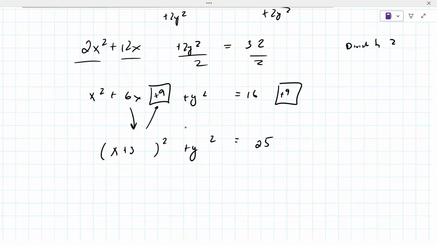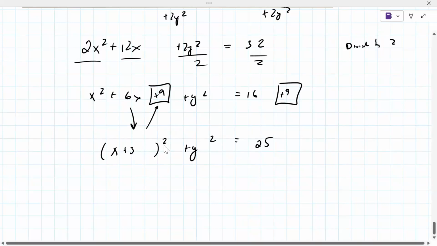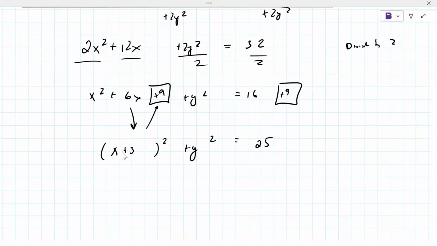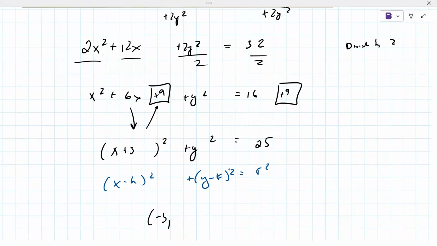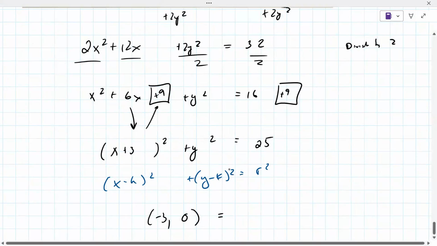All right, now we haven't seen one like this yet, but can you tell me the value of h in the center? 3, minus 3. Minus 3, good. Now, is anything being added to the y squared? No, just a 0. So that's the center. How about the radius?